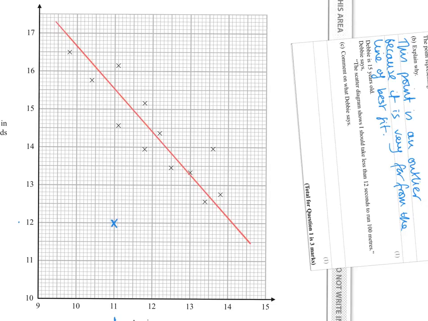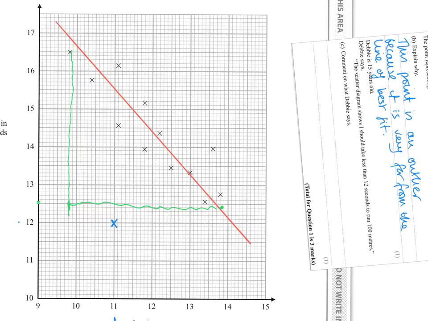Looking at the scatter diagram, the information about the ages and the times, well, the ages seem to be from around 9 3/4, starting here, up until the age of around 14. And the actual times seem to go from about 12 and a half up to 16 and a half seconds. So that's the range of the actual data supplied.